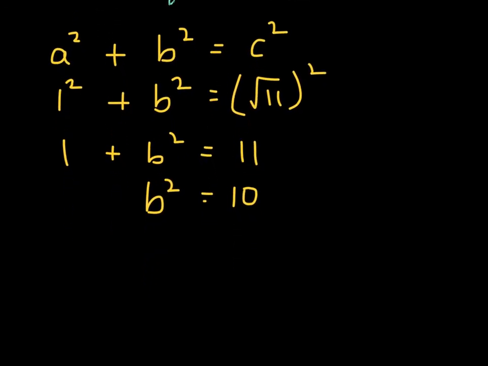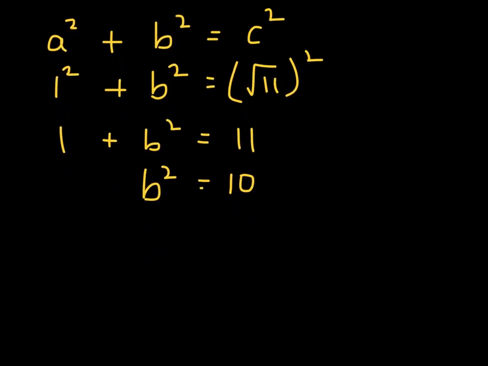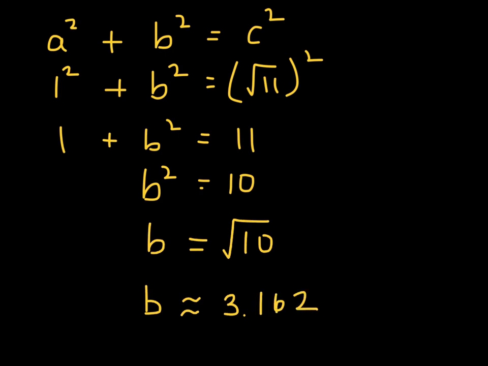When I take the square root of both sides, I get B is exactly equal to the square root of 10. That's the exact value of that missing length, which is approximately equal to 3.162 to 3 decimal places. This is your exact answer. This is your approximation.